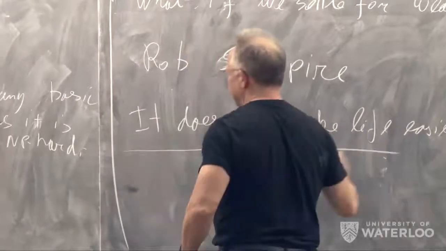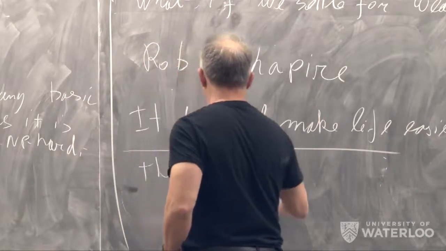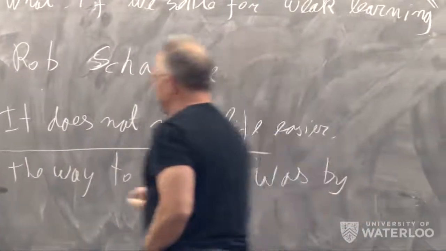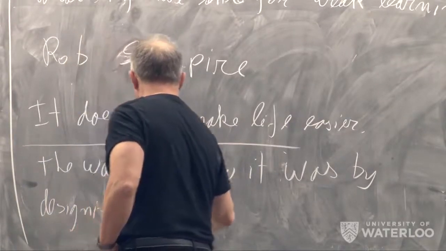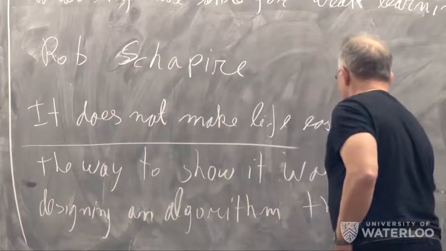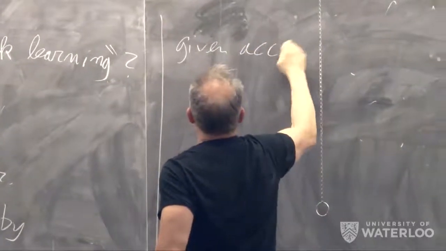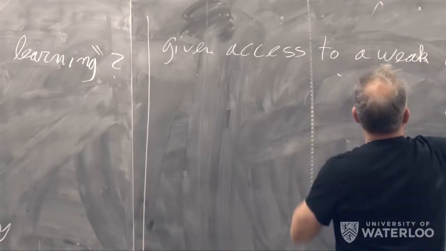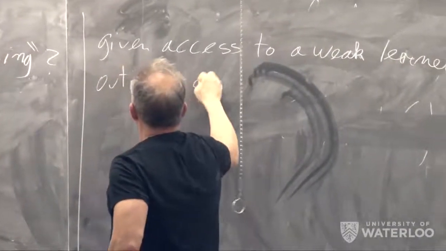What he showed is, and this is the boosting, the way to show it was by designing an algorithm that, given access to a weak learner, outputs a strong learner.